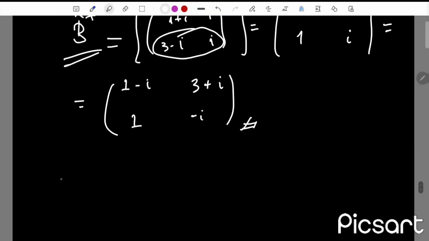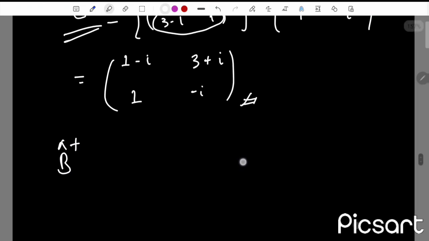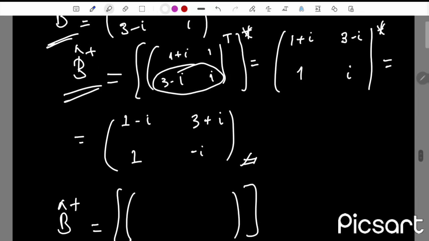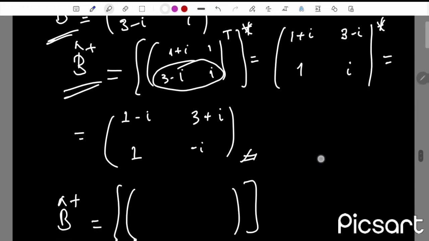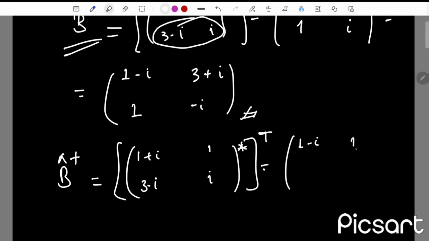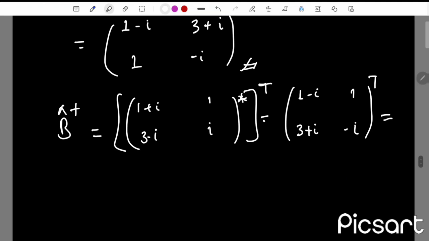On the other hand, if you take the conjugate operator as the complex conjugate of B and then transpose, we can observe, for example, if we take firstly the complex conjugate, and after that we take its transpose, then we have 1 plus I, 1, 3 minus I, and I. This equals 1 minus I, 1, 3 plus I, minus I, and we take its transpose, transforming this line into a column.